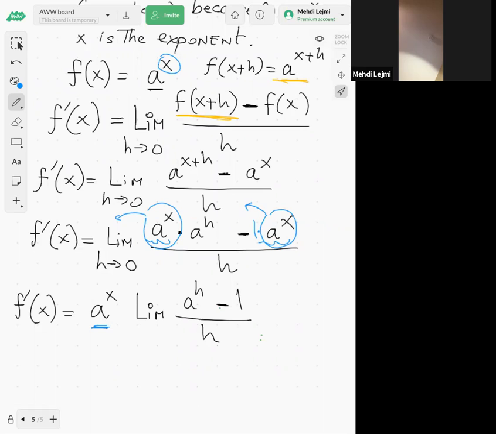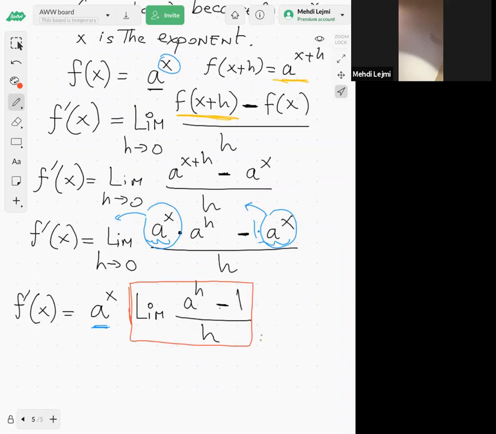Now I have a to the x times this limit of a to the h minus 1 over h. My claim is that this limit, a to the h minus 1 over h, is exactly f prime of 0.